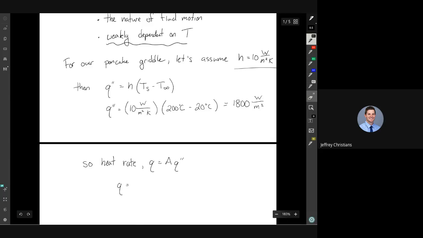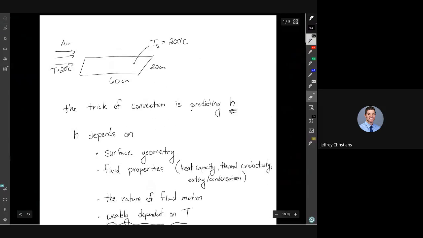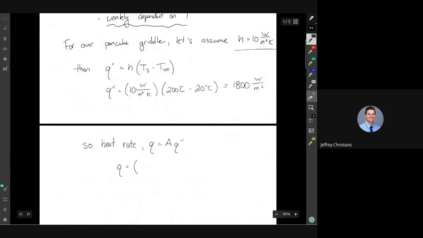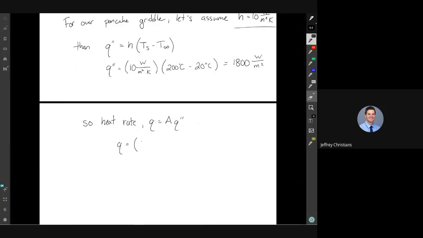So Q equals, I don't remember what our dimensions were, 60 by 20, so 0.6 times 0.2 meters squared times 1,800 watts per meter squared.